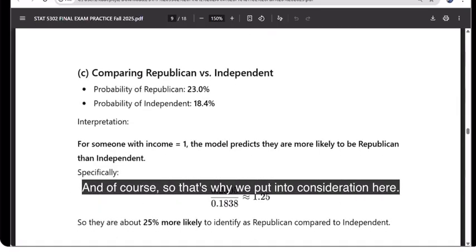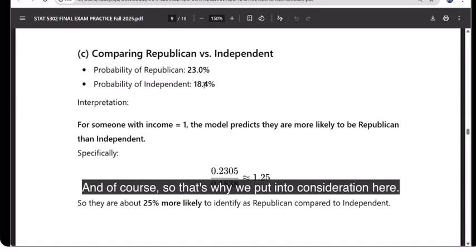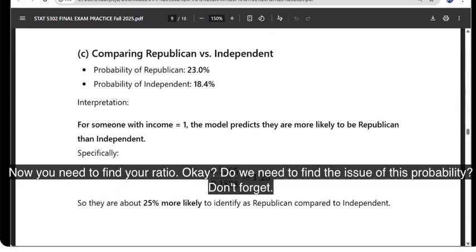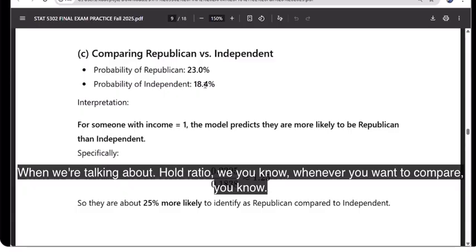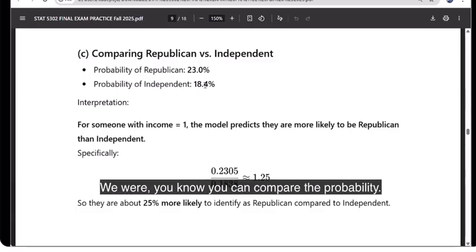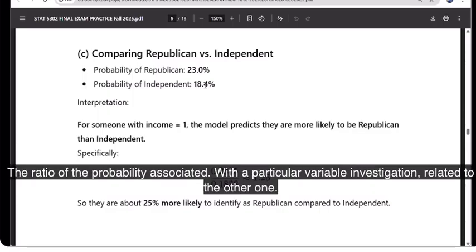And of course, that's what we put into consideration here. Now you need to find the ratio of this probability. Don't forget, when we talk about odds ratio, whenever you want to compare, you can compare the ratio of the probability associated with a particular variable under investigation relative to the other one. And that was what we did here.